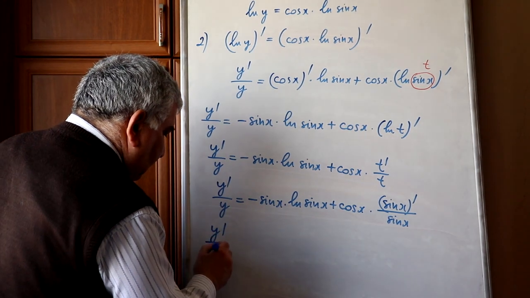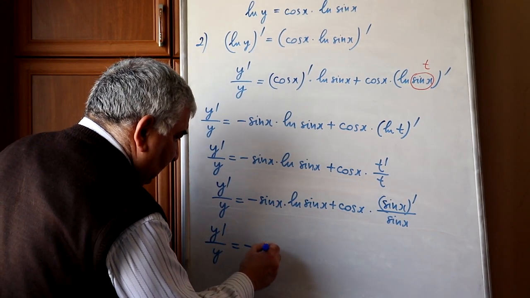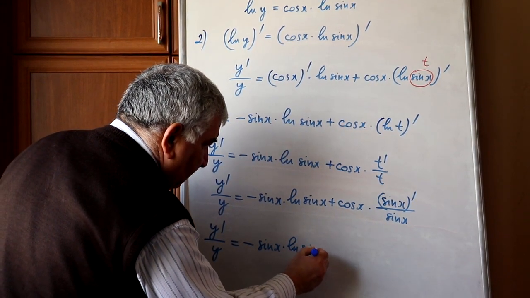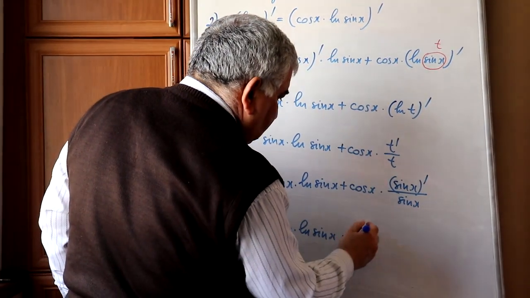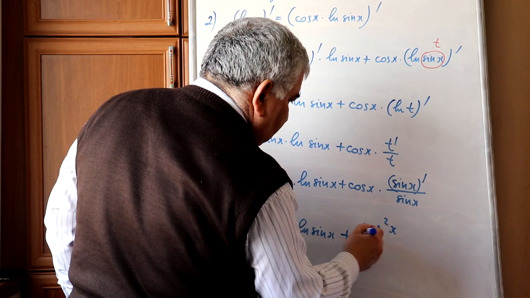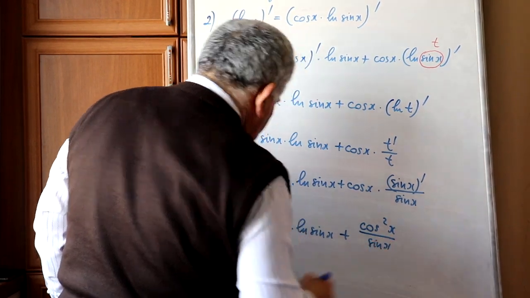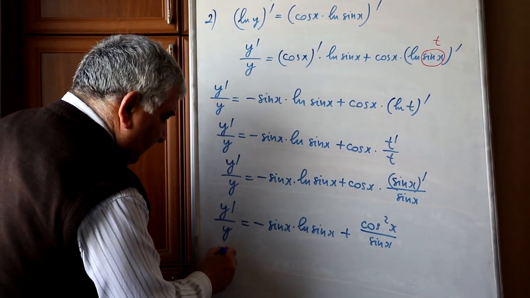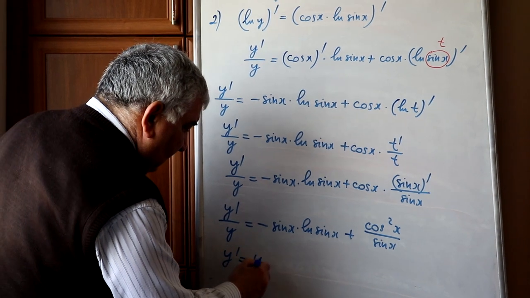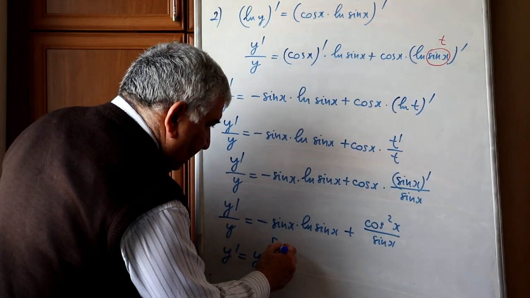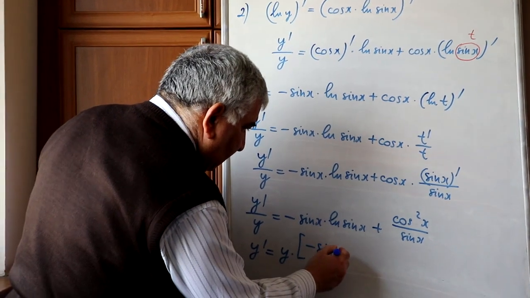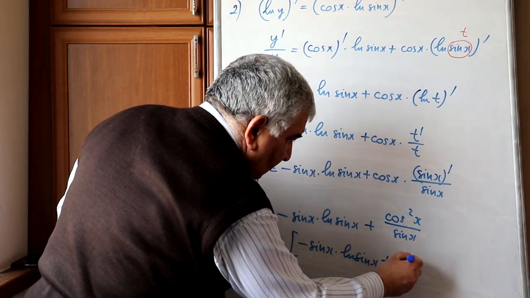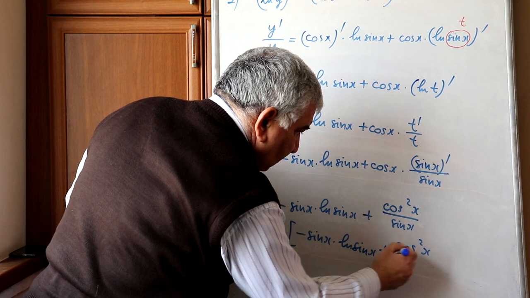Y prime over y equals minus sine x multiplied by natural logarithm of sine x plus cosine squared x over sine x. Then find y prime itself, the derivative itself. Y prime equals y multiplied by minus sine x by natural logarithm of sine x plus cosine squared x over sine x.